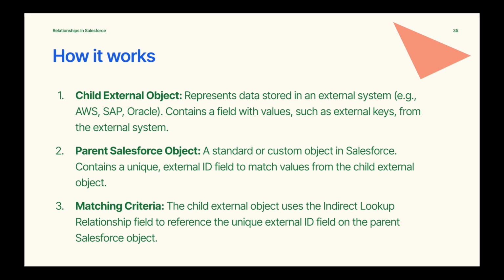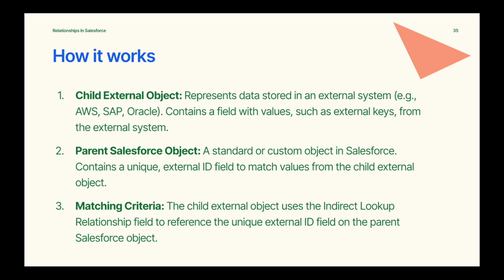So always the parent object will have that unique external ID field, which will help us match the record with the child object. The difference is that here the parent object resides in Salesforce and the child object is in an external system. But in the external lookup relationship, it was vice versa.